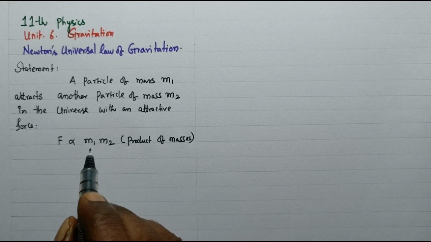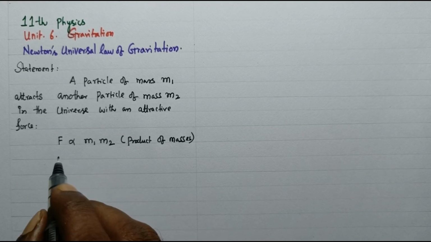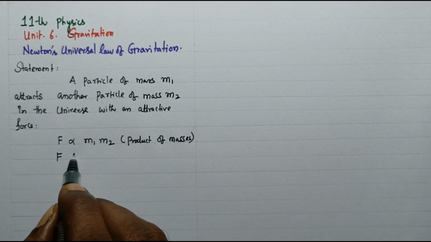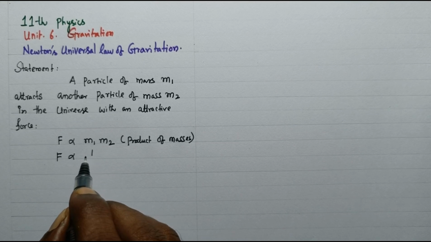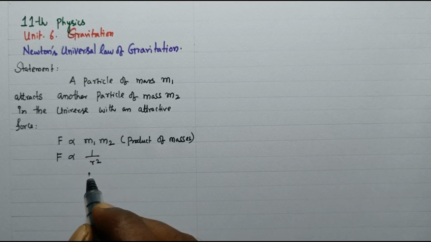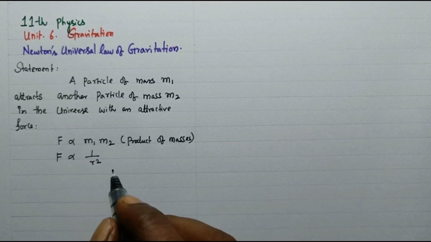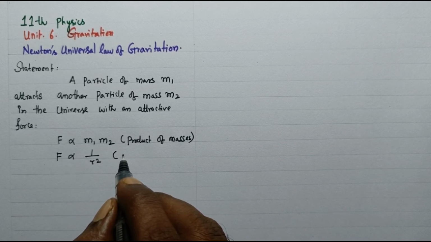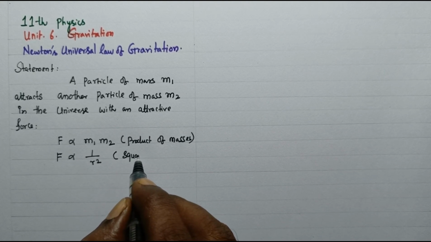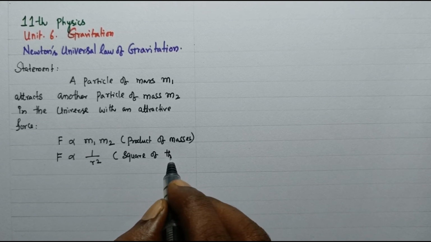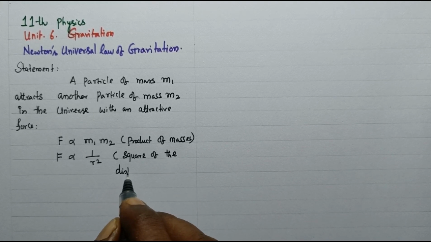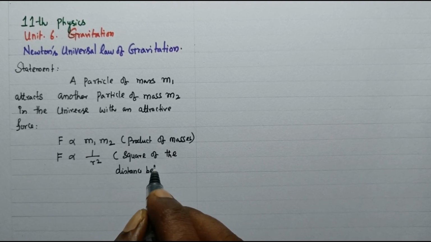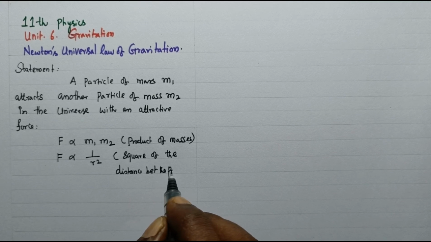F is directly proportional to the product of masses and F is inversely proportional to the square of the distance between the particles.